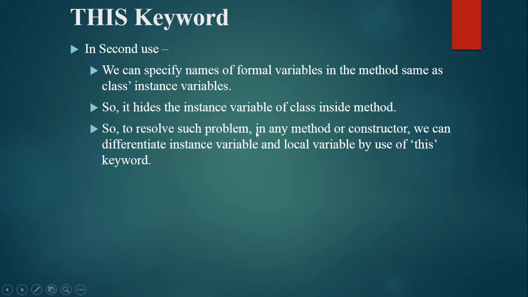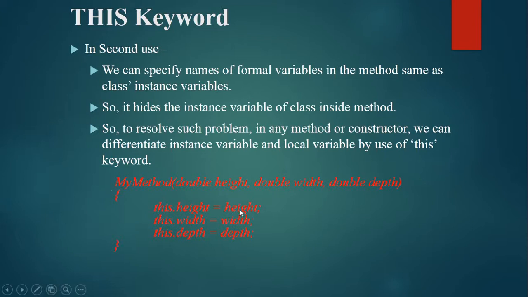To resolve such a problem in any method or constructor, we can differentiate the instance variable and the local variable by using this keyword. For example, if the passed variables are height, width and depth, and our local variables are also height, width and depth, then to ensure which are the local variables, we will use this keyword.